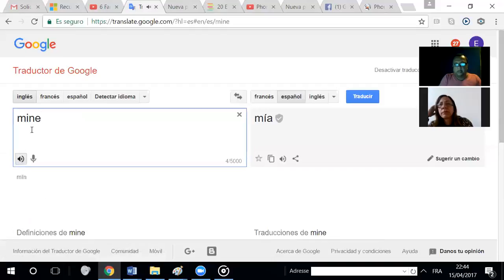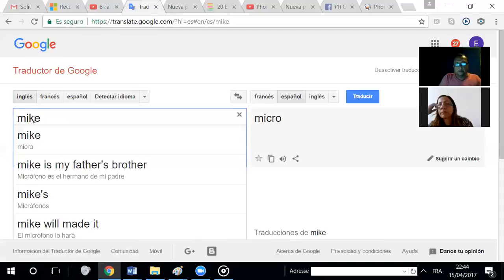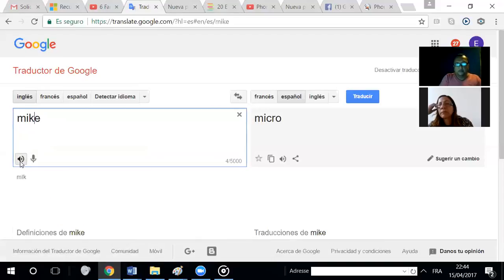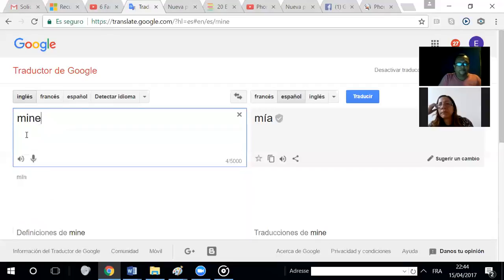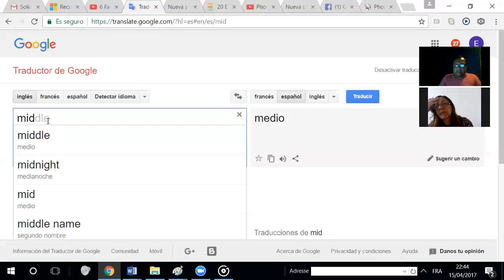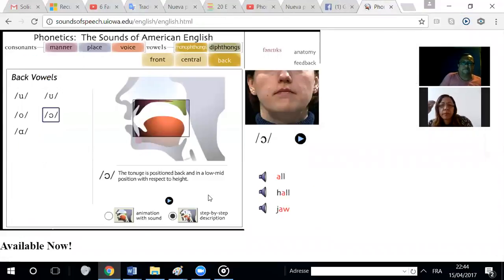Mike. But if you see only an E-D, you don't have to say made, another word. You always say mid. Low mid, low mid. Again, please.